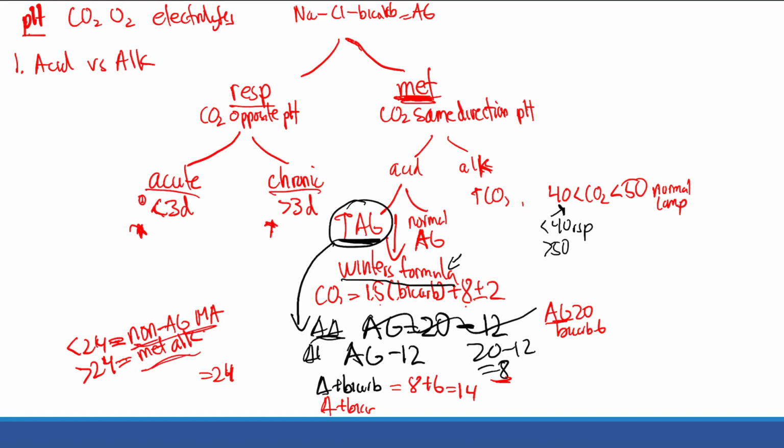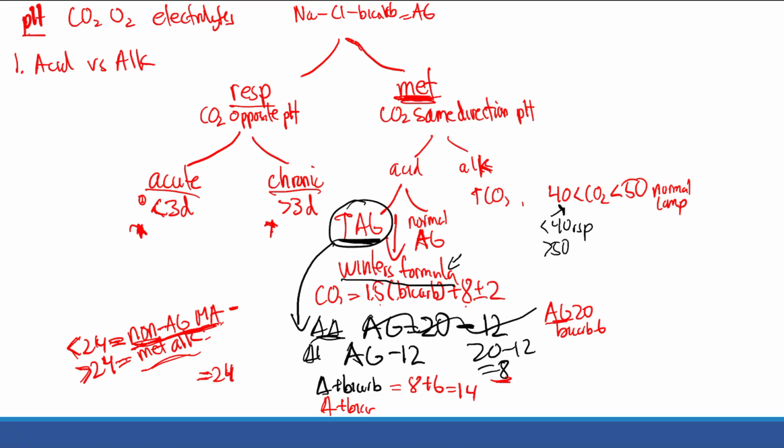So now you've figured out that you have an anion gap metabolic acidosis as well as either a concomitant non-anion gap metabolic acidosis if your delta is less than 24, or a concomitant metabolic alkalosis if it's greater than 24, or if it's equal to 24, that means you have solely an anion gap metabolic acidosis.